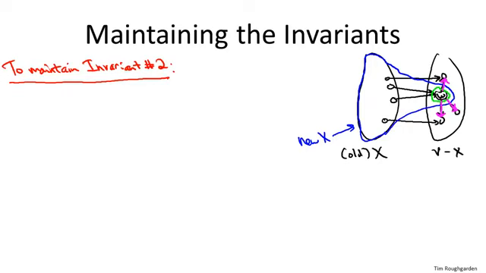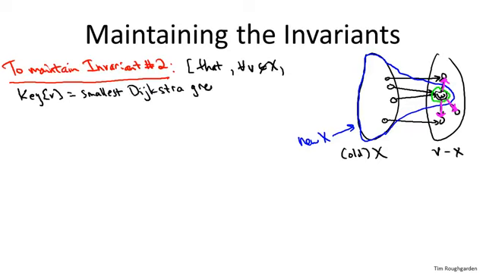To see why it's tricky when new edges all of a sudden are crossing the frontier, let's remember what invariant number two says. It says that for every vertex which is still in the heap, which is not yet in X, the key for that vertex better be the smallest Dijkstra greedy score of any edge which comes from capital X and sticks into this vertex V. Now, in moving one vertex into X, namely this vertex W, now there can be new edges sticking into vertices which are still in the heap.